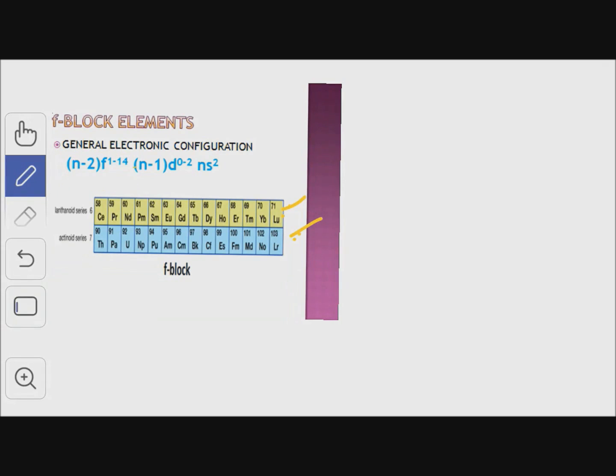The general electronic configuration of f block elements is n minus 2 f 1 to 14 electrons, n minus 1 d 0 to 2 electrons, and ns 2 electrons, meaning the s orbital is fully filled, but the n minus 2 f orbital and n minus 1 d orbitals are incomplete.